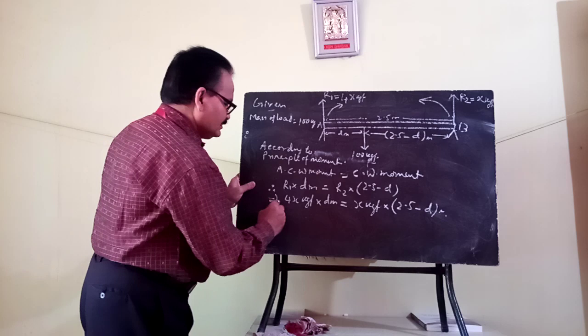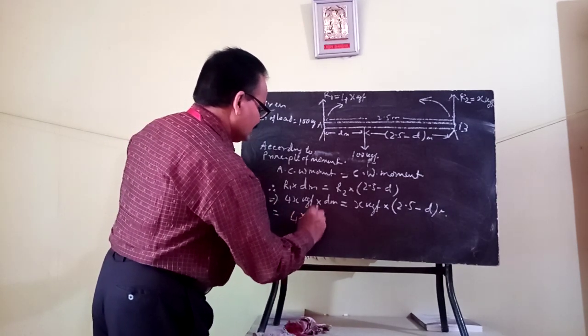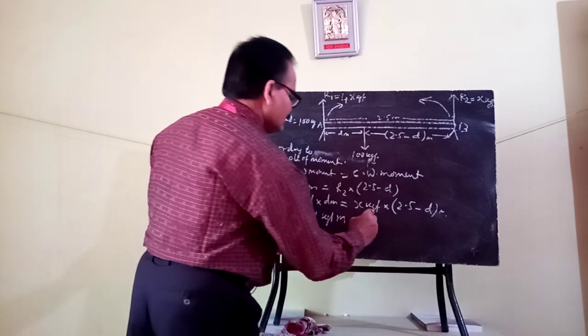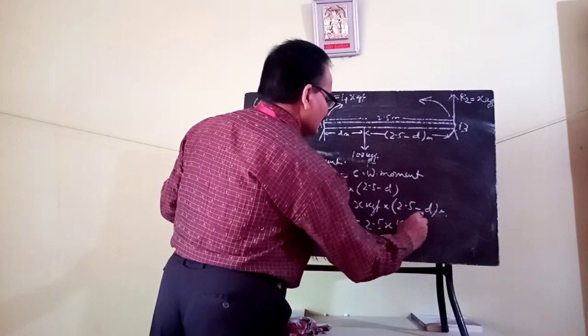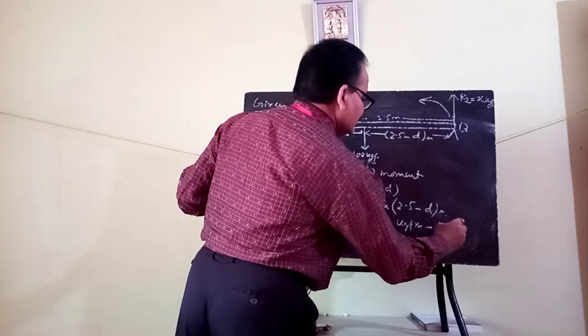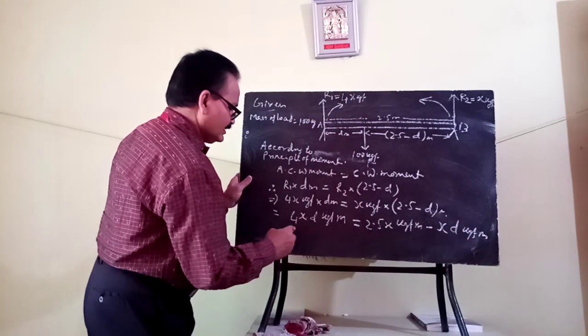You open the bracket. So this is 4xd kgf meter equals 2.5x kgf meter minus xd kgf meter. Take it to that side.